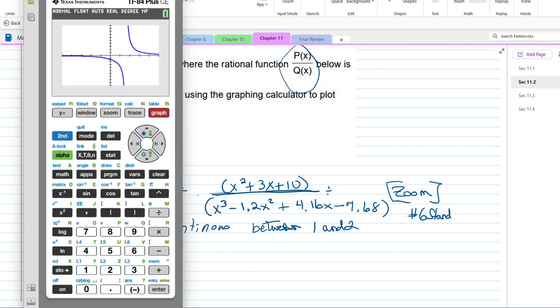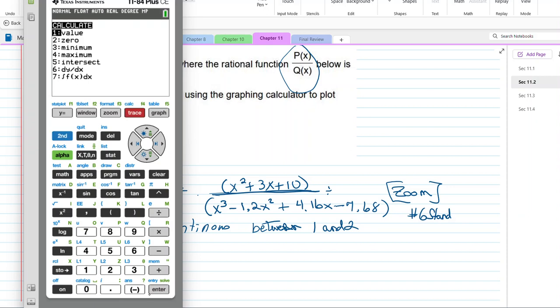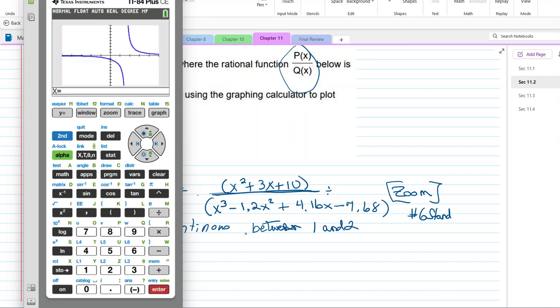So I'm going to do a second trace value, and I'm going to do the limit as x approaches 1.5 of f of x. So I'm going to find out what that is.